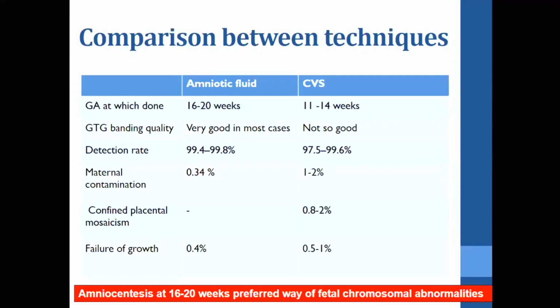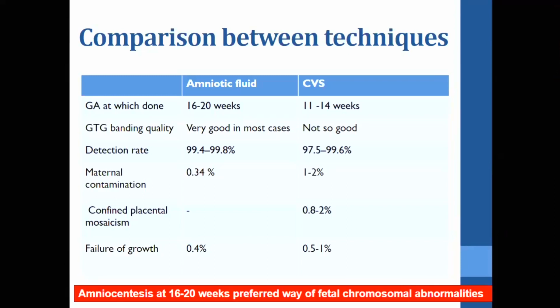To compare these two techniques, amniocentesis can be done only at 16 to 20 weeks, whereas CVS can be done at 11 to 14 weeks. The quality of karyotyping is good in the case of amniocytes, whereas it is somewhat lesser in the case of CVS.